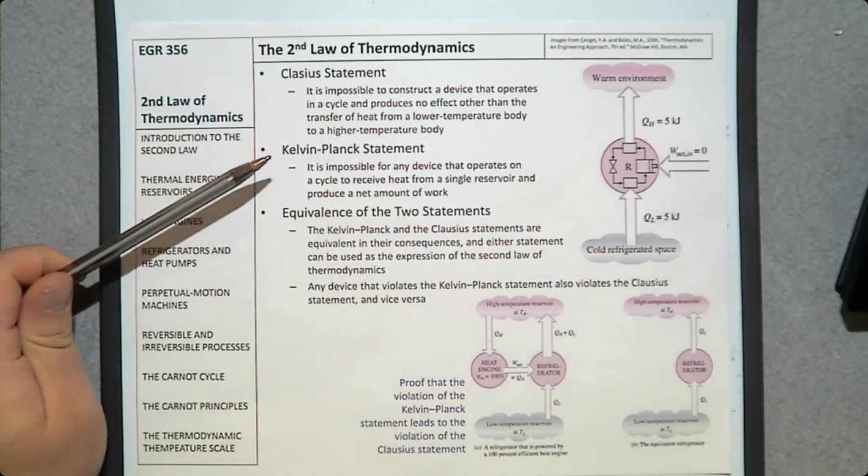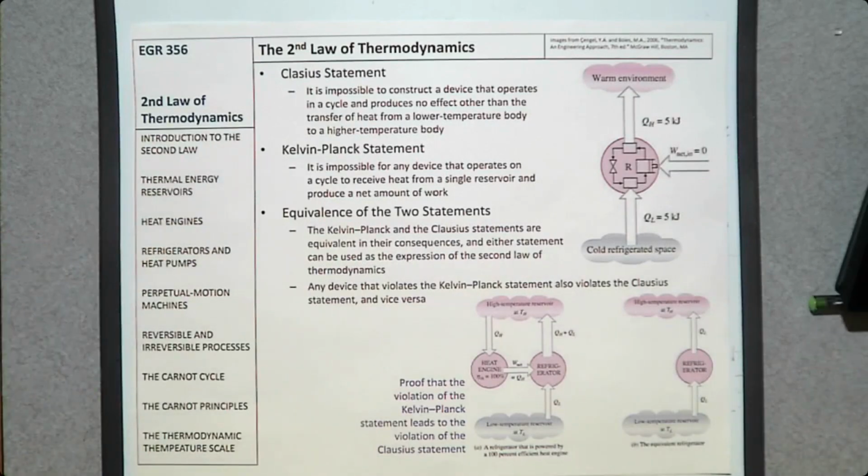The second one is the Kelvin-Planck statement. It is impossible for any device that operates on a cycle to receive heat from a single reservoir and produce a net amount of work. The easiest way to understand this is to think about producing mechanical work in a power plant by burning fossil fuel.